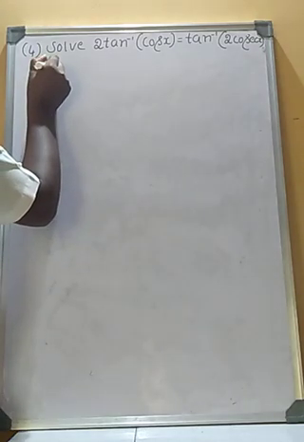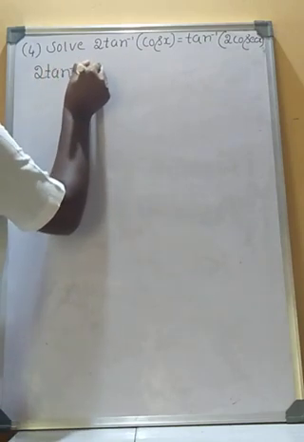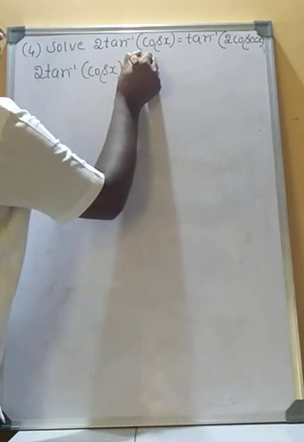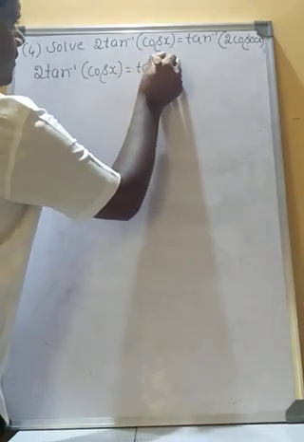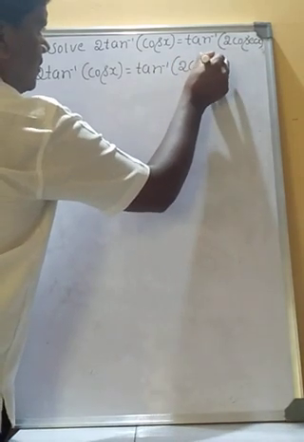So let 2 tan inverse of cos x be equal to tan inverse of 2 cosecant x.